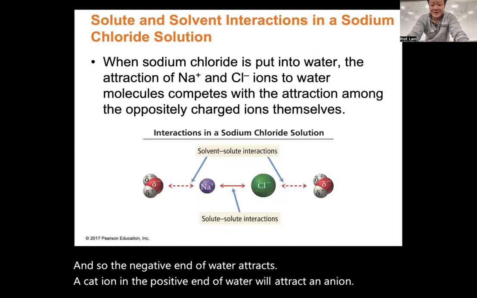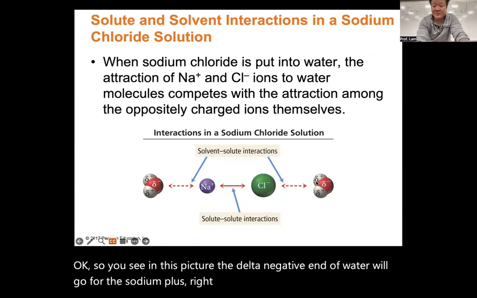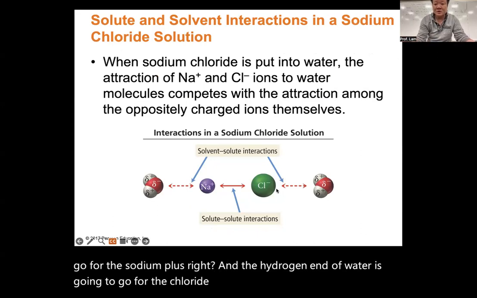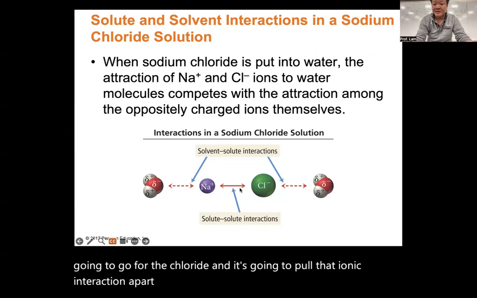So you see in this picture, the delta negative end of water will go for the sodium plus, and the hydrogen end of water is going to go for the chloride. And it's going to pull that ionic interaction apart, so that you no longer have the crystal lattice.